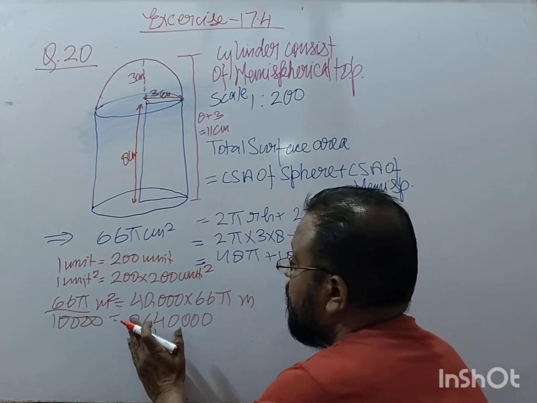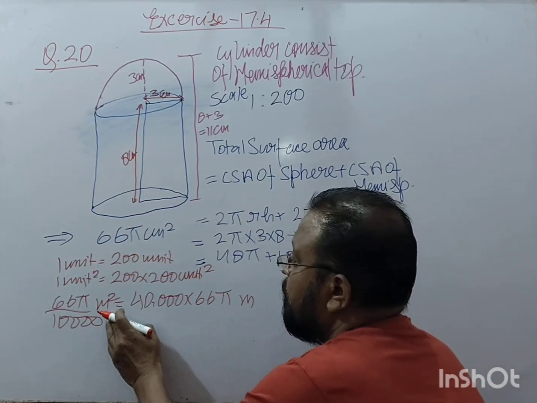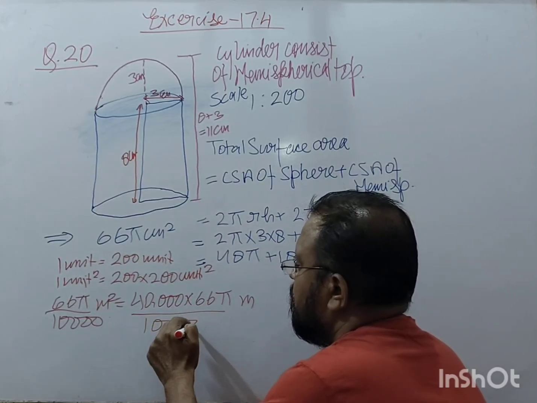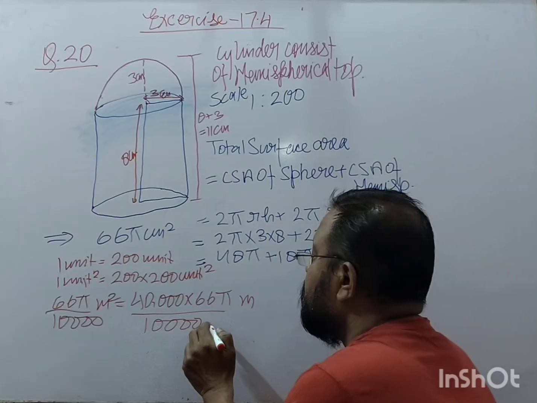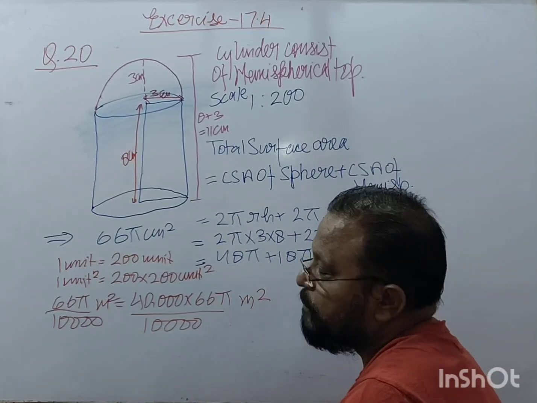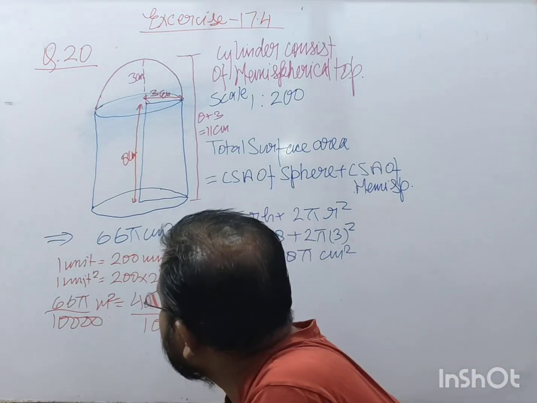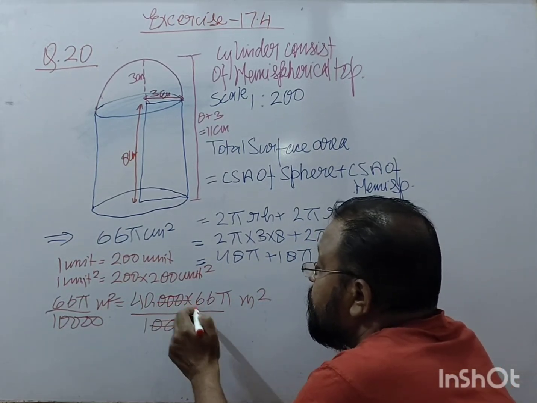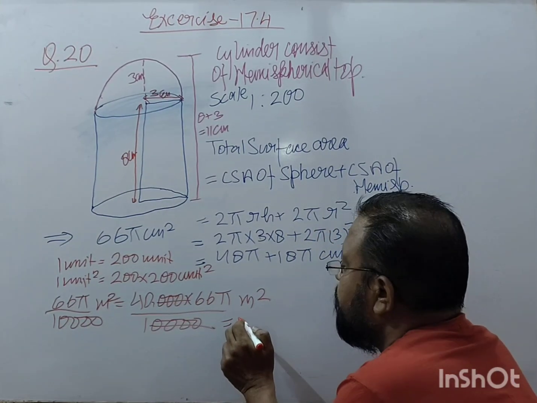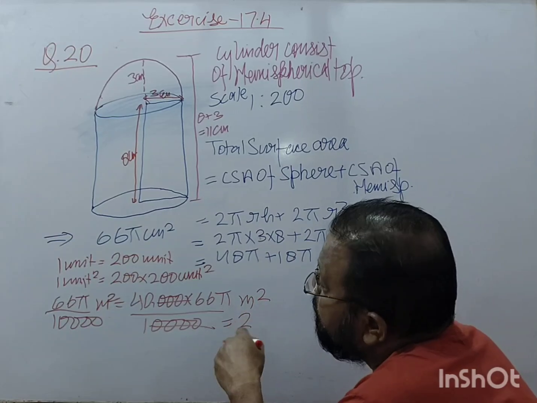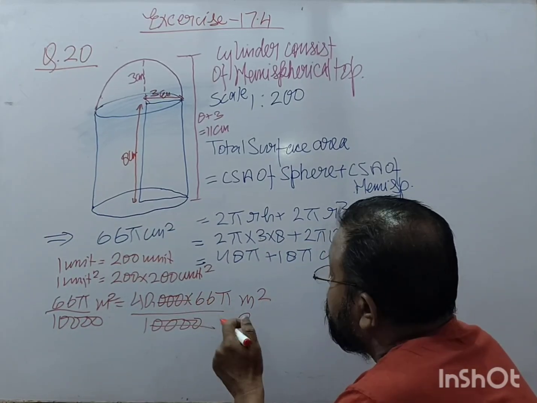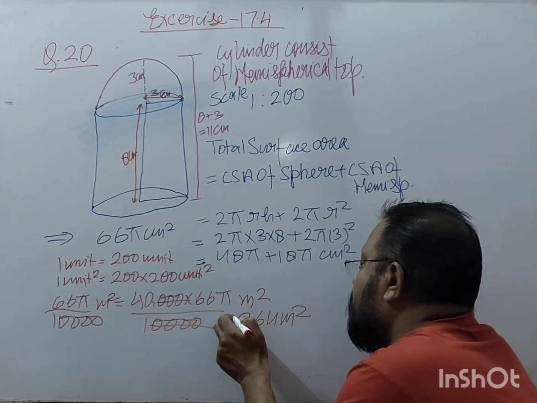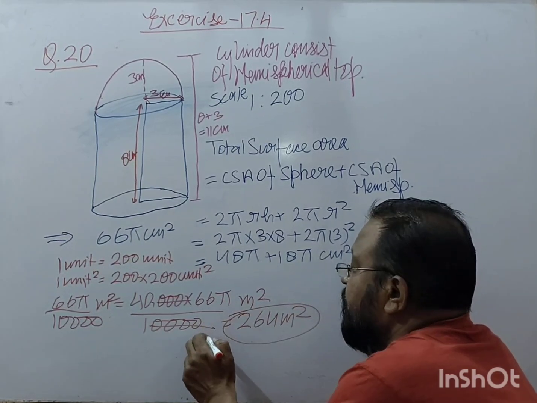So we can write it as 10,000 meter square. So this 40 and 40 is cancelled and you get 264 meter square is the CSA.